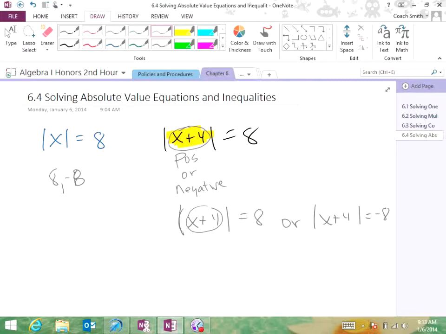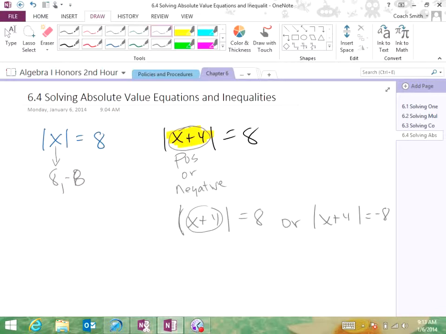Because we said here that the value of x is either 8 or -8, because I'm taking the absolute value of it. So the only way that I can take an equation like this and say that it's either a positive or a negative is to do this right here. That's the only way that I can solve this.